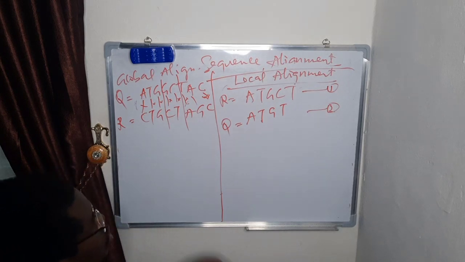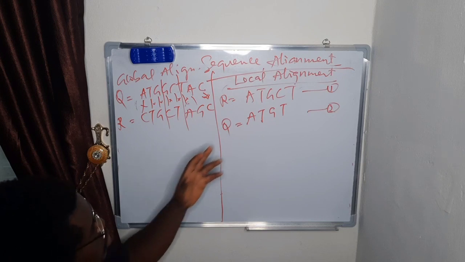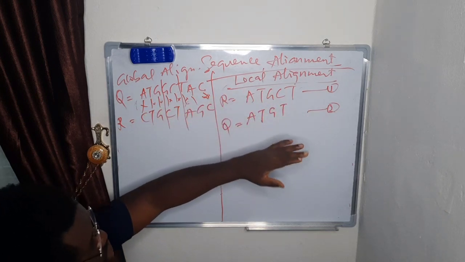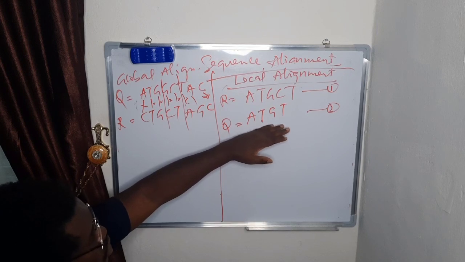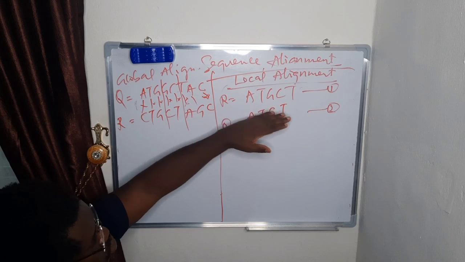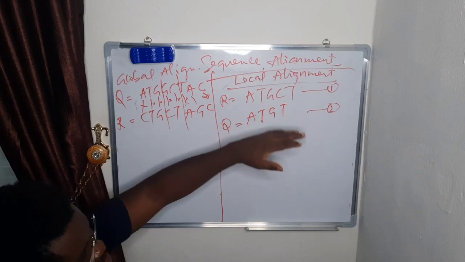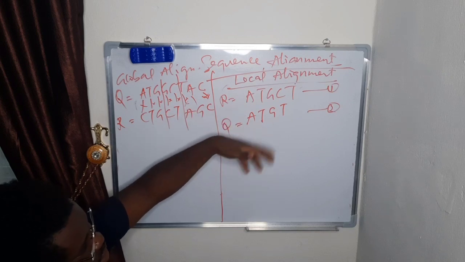So in local alignment, instead of having sequences of equal length, you may have this stretching to a certain length. Maybe you have a short sequence. You can use the short sequence to look for the best possible match, and that is the essence of sequence alignment, to get the best possible match.